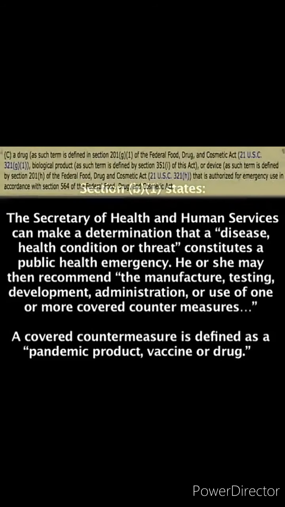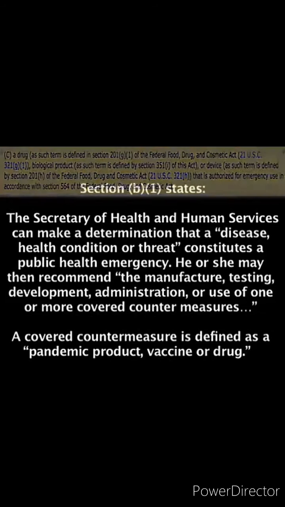A covered countermeasure is defined as a pandemic product, vaccine, or drug. This act also provides complete liability protection for all drugs, vaccines, or biological products deemed a covered countermeasure and used for an outbreak of any kind.